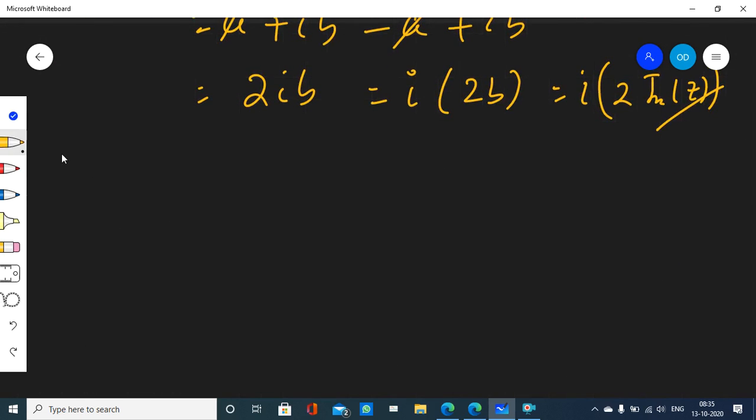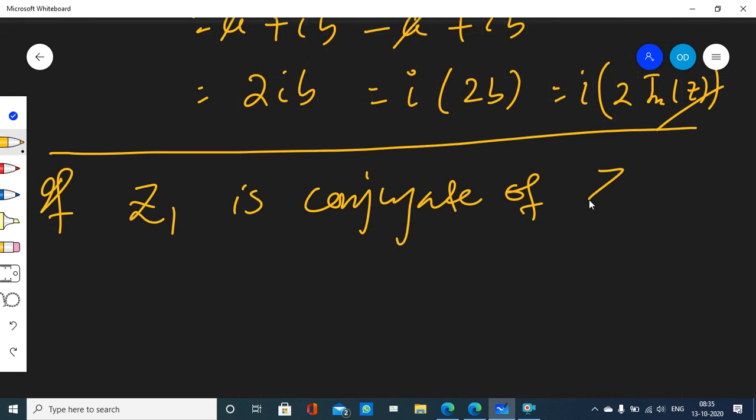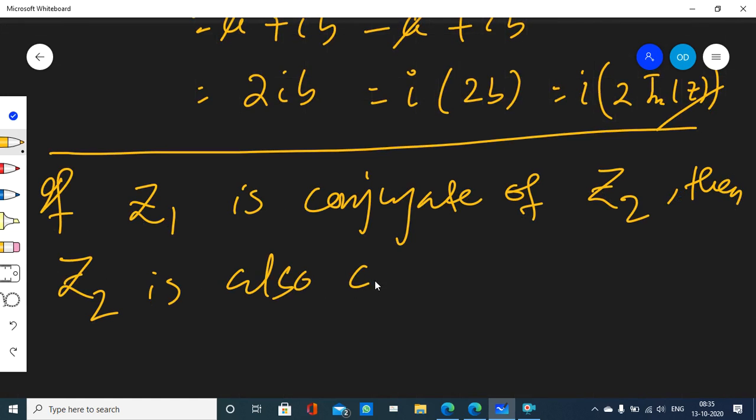Then we also discussed that if z1 is conjugate of z2, then z2 is also conjugate of z1.